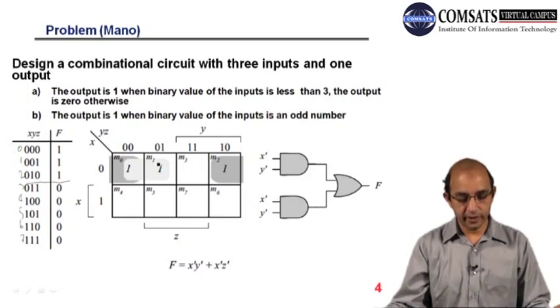So M0, M1, then we jump from this column to the last column straight away, M2, M3. Here we have M4, M5, M6, M7. You can see that M0 is 1, M1 is 1, M2 is 1.